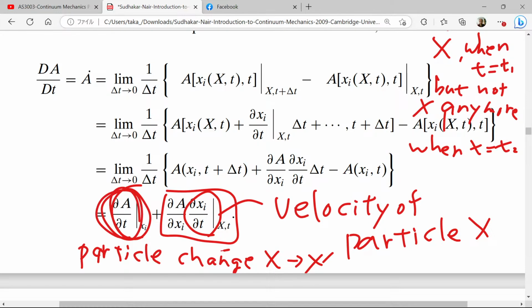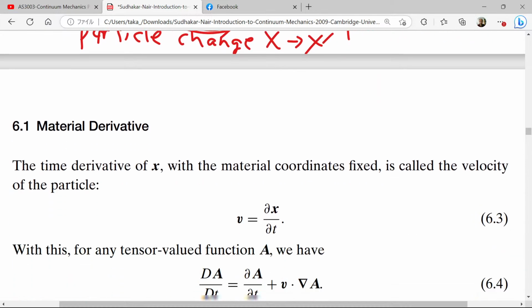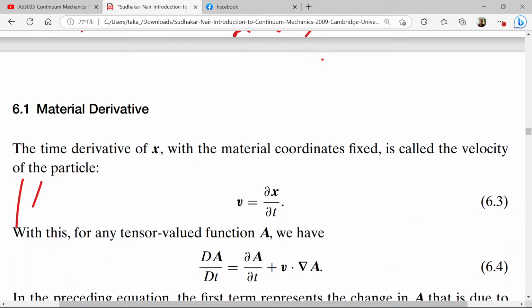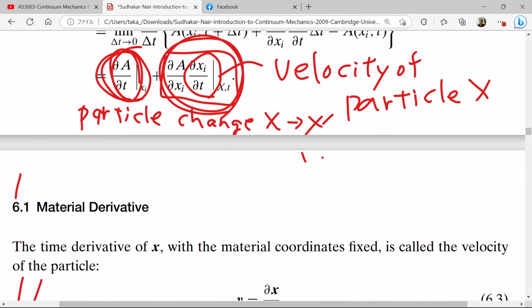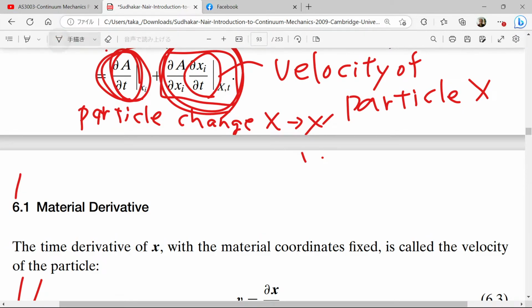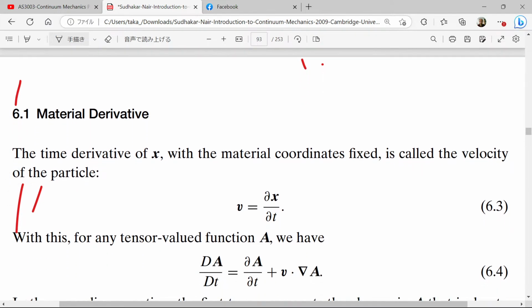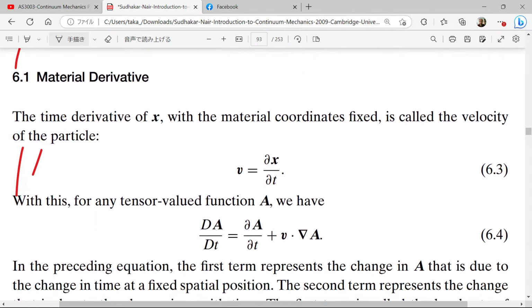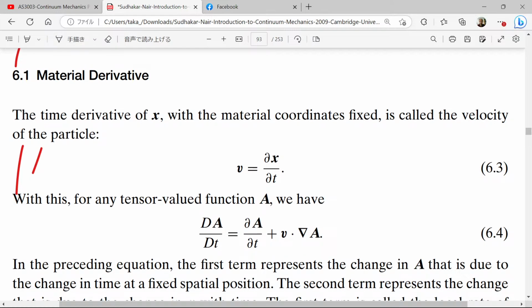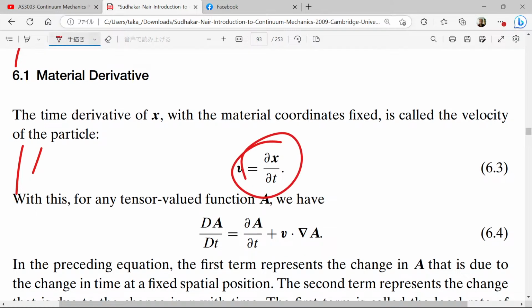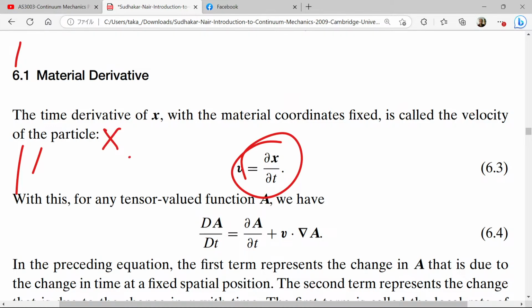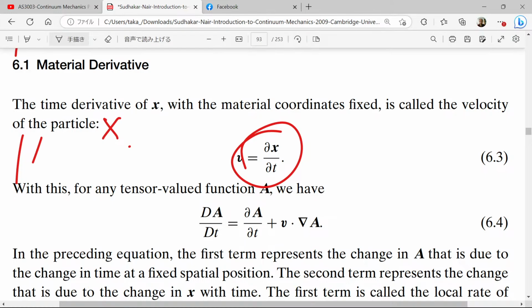So then you need some complementary term, a correction term. I would say correction. See, the time derivative of x with the material coordinates fixed is called the velocity of the particle. So this is the velocity of the particle. We are considering particle X.